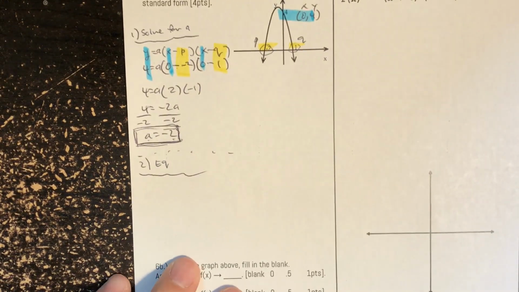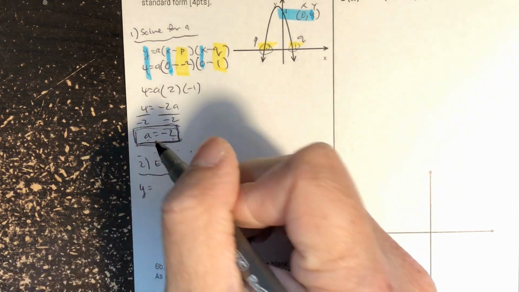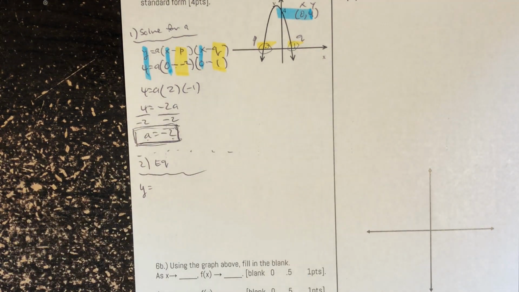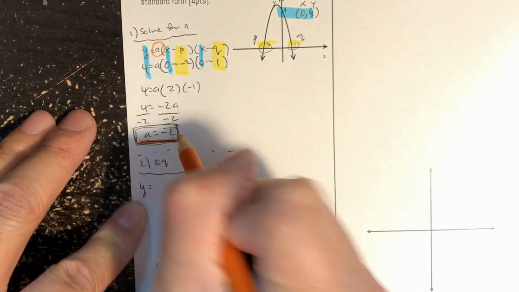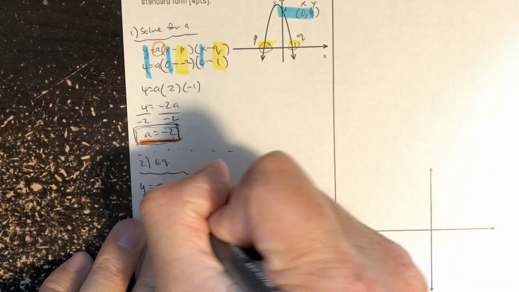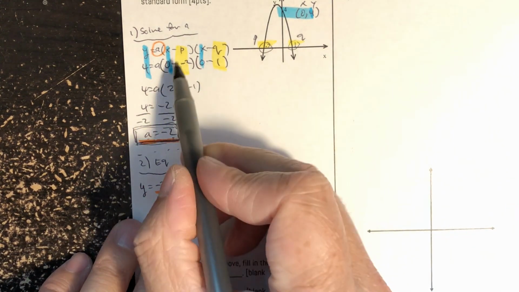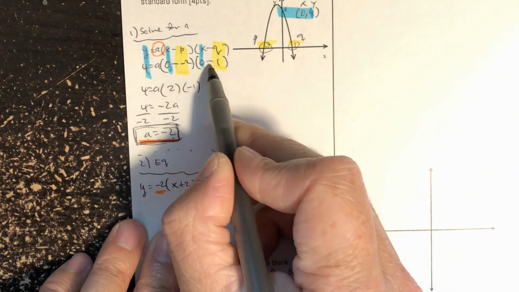Okay, so I'm just going to write y equals my a value of negative 2, so there in orange, there I have negative 2, x plus 2 and then x minus 1.